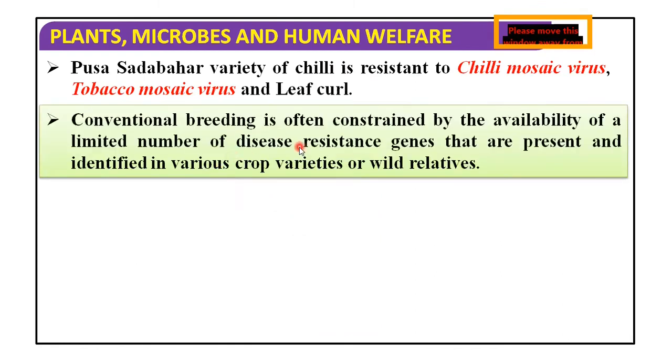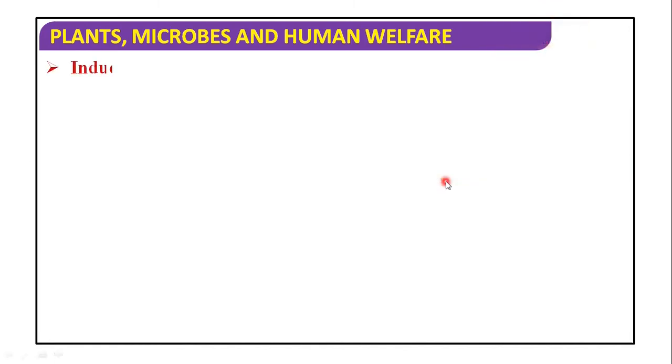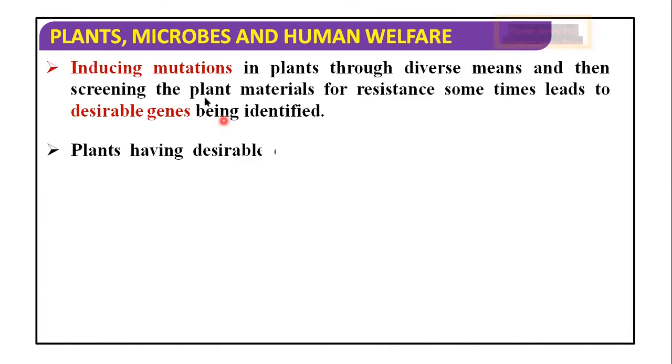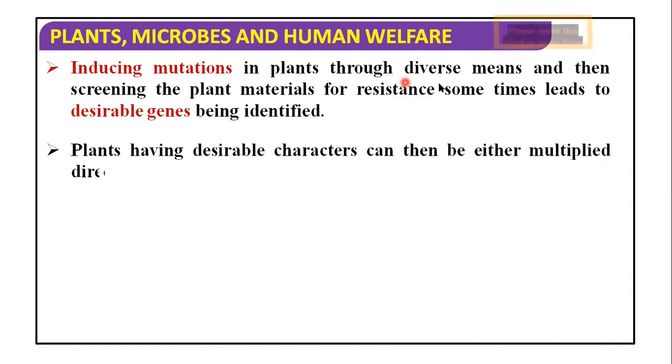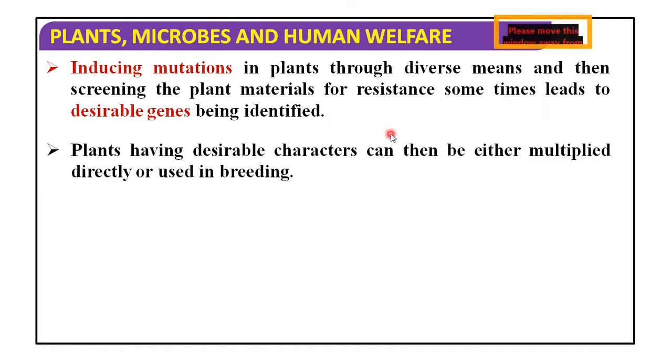Now, conventional breeding is often constrained by the availability of a limited number of disease resistance genes that are present and identified in various crop varieties or wild relatives. Inducing mutation in plants through diverse means and then screening the plant materials for resistance sometimes leads to desirable genes being identified.